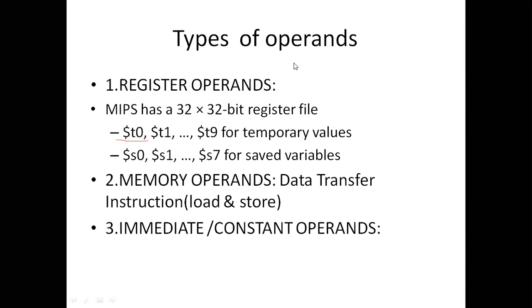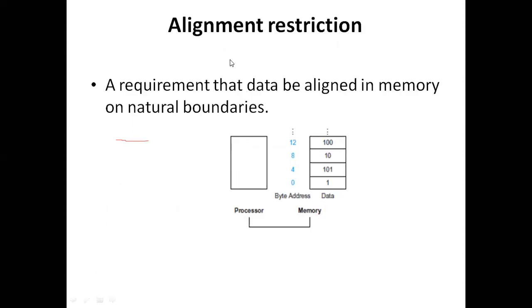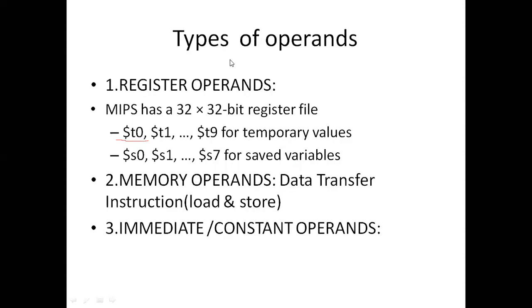Take the second type of operand is nothing but memory operands. While using the data transfer instruction. Data transfer instruction means load and store instruction. So with the help of these instruction we can transfer the data between memory and register.